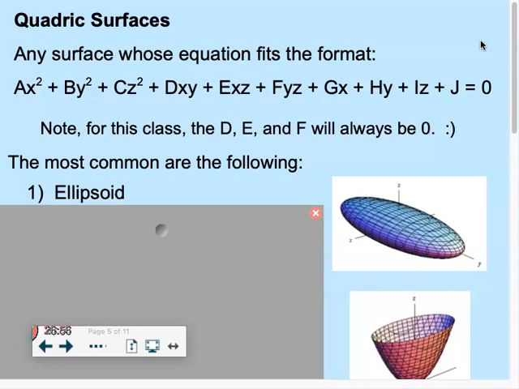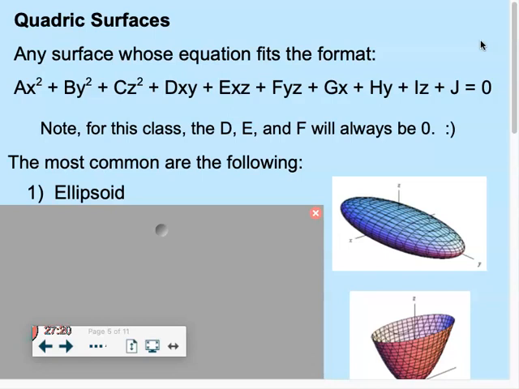Now, we're going to talk about each of these quadric surfaces. I need to tell you, I cannot sketch in 3D to save my life. I can sketch a rectangular prism. I am a pro at sketching a box. Anything that's not a box, I'm done. So if you want to try to sketch for yourself what these look like, that's fine, but you don't have to.